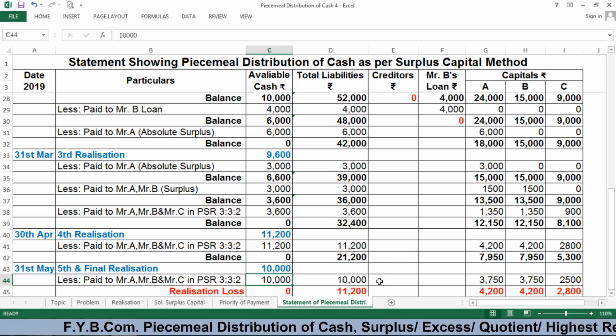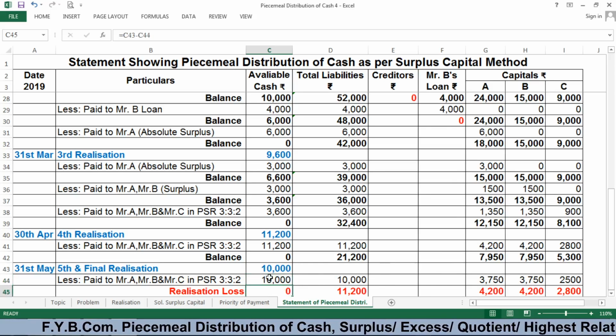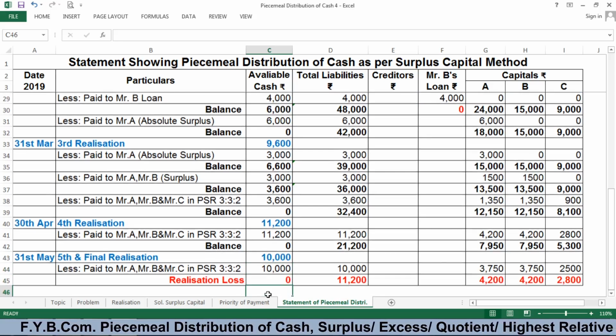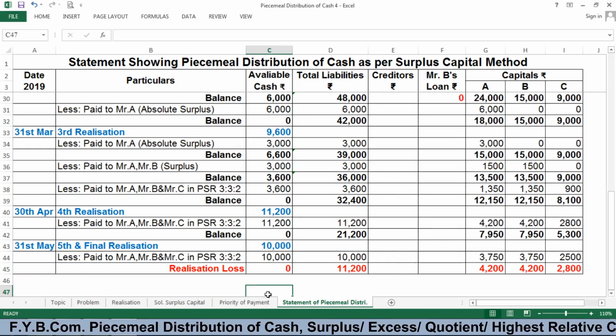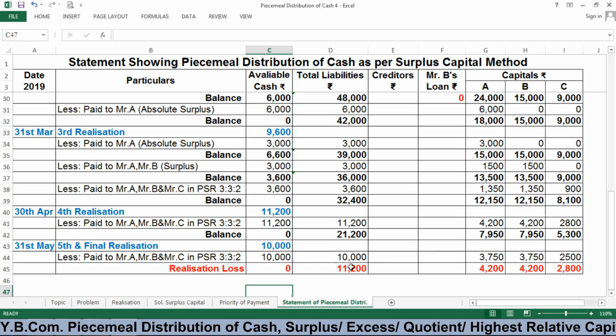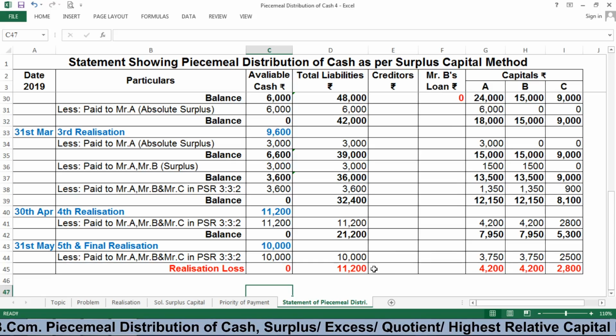It's correct. The last step is to find out the realization loss. Here, after the payment of 10,000 to Mr. A, B, and C, we have an amount of rupees 0. That means we don't have a single rupee. And our liability is still payable, that is 11,200.